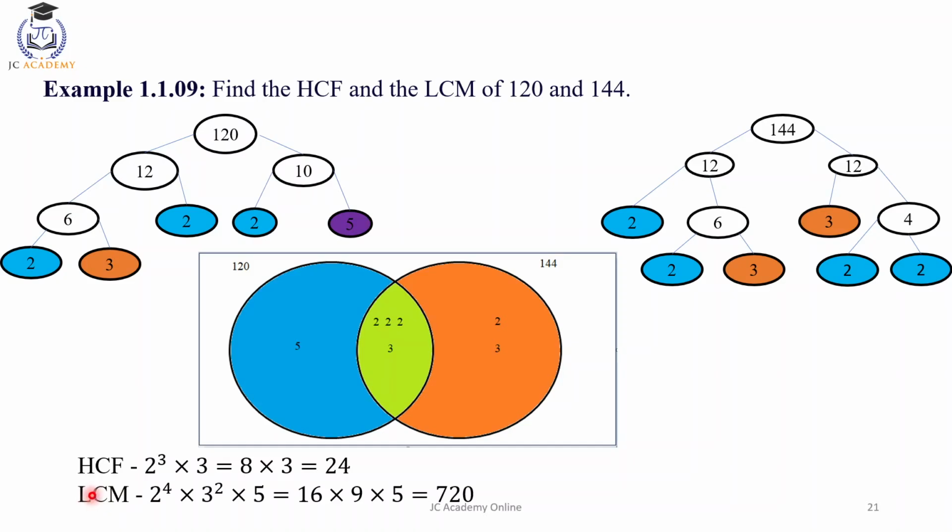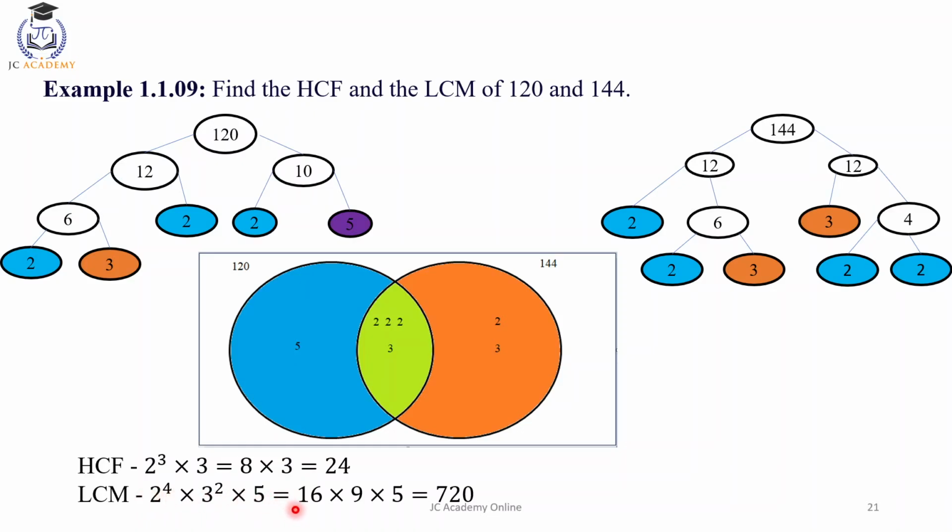The least common multiple, what is the least common multiple? We multiply everything inside the circles, including this region. So we have 1, 2, 3, 4 2s, so 2 to the power of 4. We have 2 lots of 3, so 3 to the power of 2, multiplied by 5.